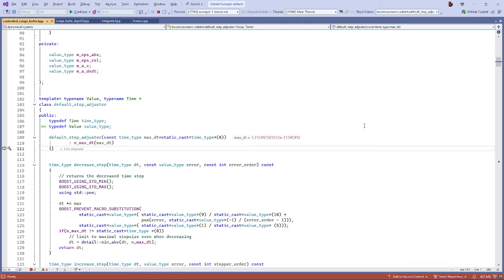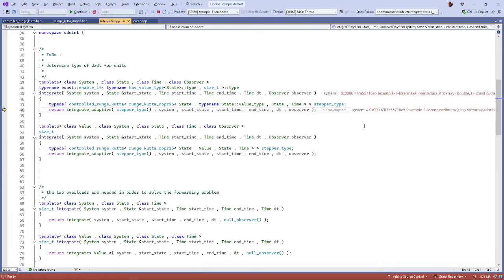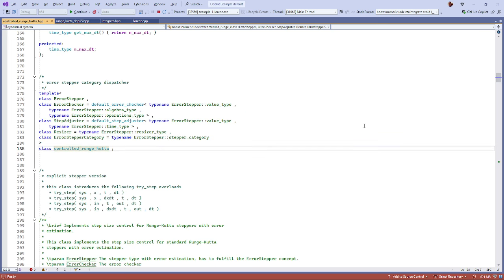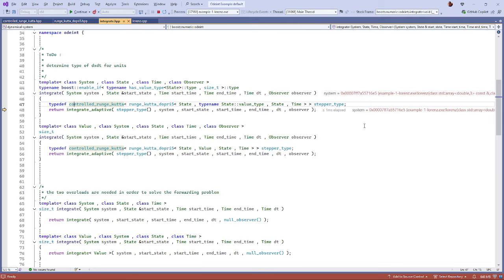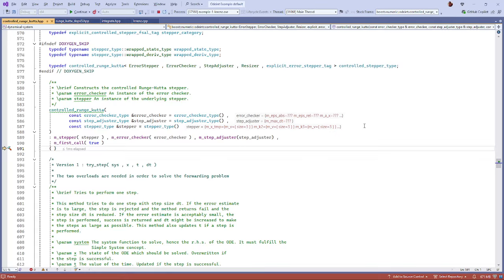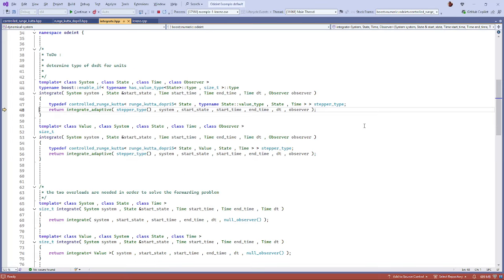We'll step out of that, step in again. Here's the default step adjuster, which must be what the controlled Runge-Kutta uses. Let's find out if my theory is correct. It looks to me like there's this default step adjuster, so maybe it's an argument into that. Let's find out. We'll step in again. Here's the default error checker, and here's controlled Runge-Kutta.